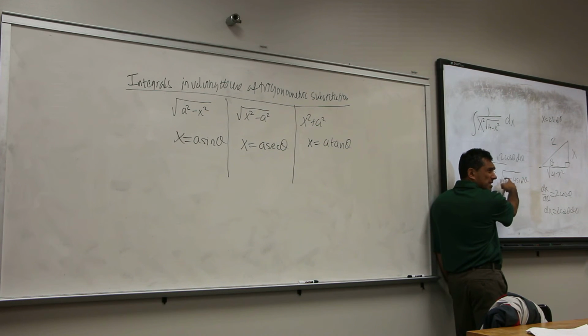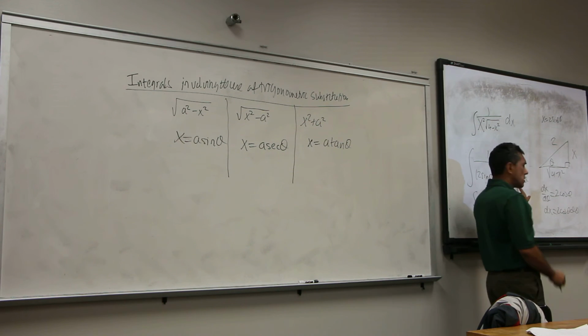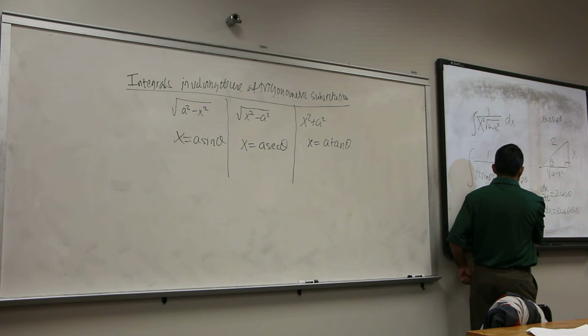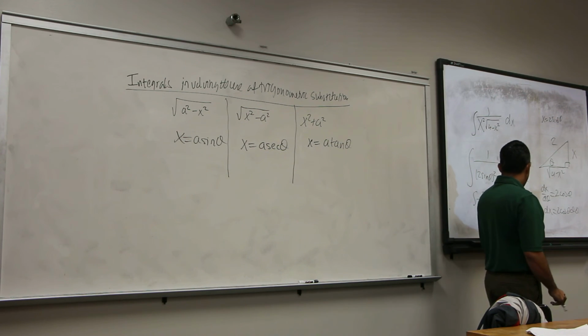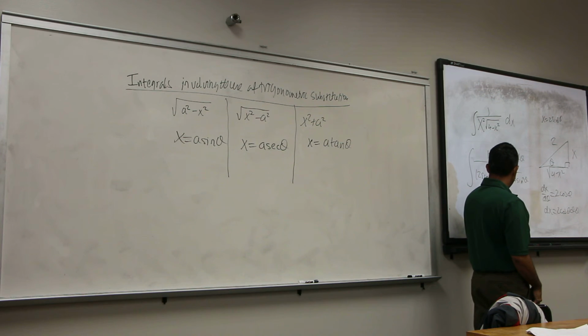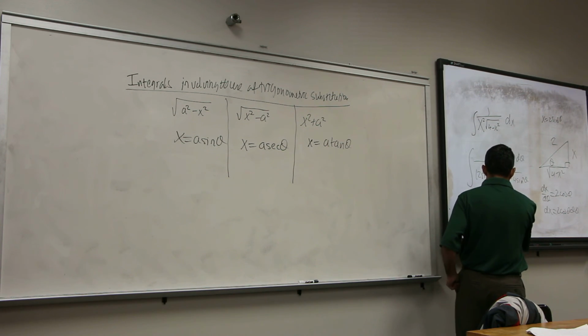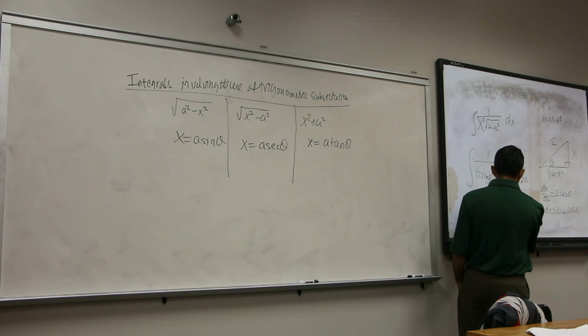I will take out the 4 and take the square root of it, it will become 2, and then I'll be left with root 1 minus sine squared theta. What is 1 minus sine squared theta? Cosine squared theta. When I take the square root, I will get cosine theta. So I will be left with 2 cosine theta d theta over 4 sine squared theta times 2 times what? Cosine theta.